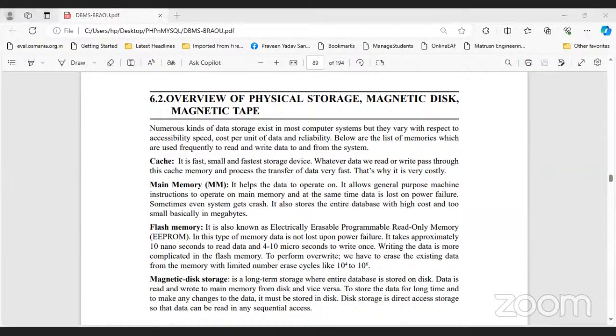Okay. So now we will discuss the storage. What is the meaning of the storage here?